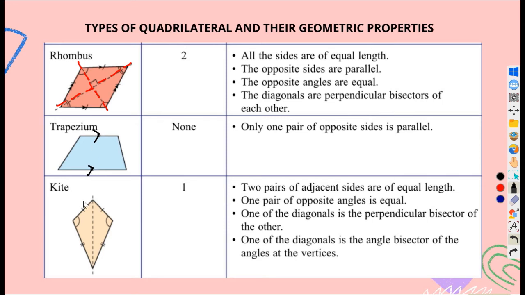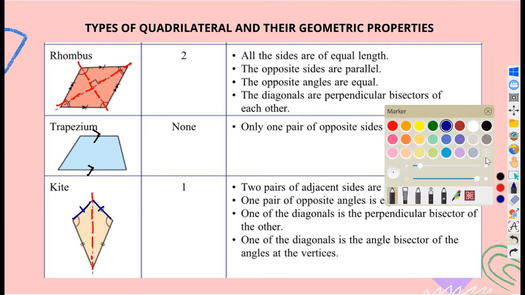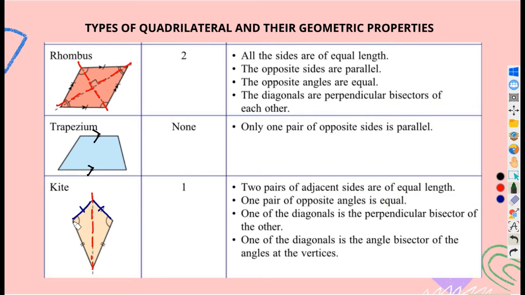And the last one here is the kite. You must remember this one. The number of axes of symmetry is only 1. Two pairs of adjacent sides are of equal length. You can see this line here is of equal length, here is the same, and another pair here also has equal length.